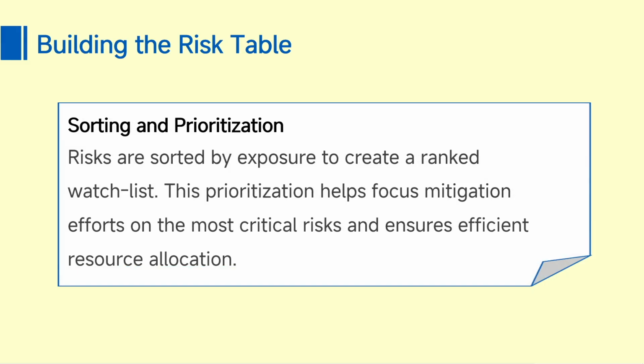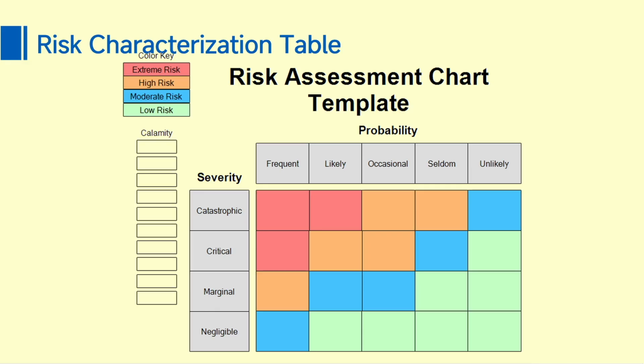We will go forward the risk prioritization. So, the sorting and prioritization will be taken by ranking the set of risks. So, this is going to be the risk assessment chart. So, on the top you will be having the probability scale, and on the left we have the severity scale.